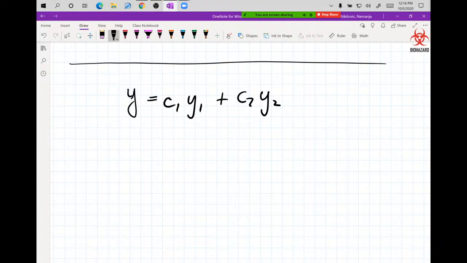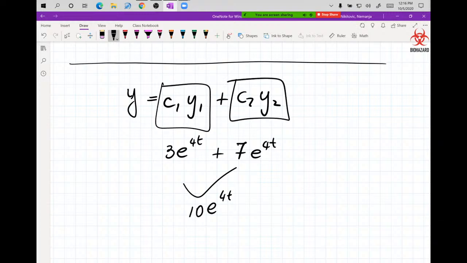So if one of my solutions was 3e to the 4t, and another solution was 7e to the 4t, well, then you just mush them together into 10e to the 4t, right? So we have to be careful that we are actually getting what we call linearly independent solutions, meaning that we cannot add them together into a total one term.